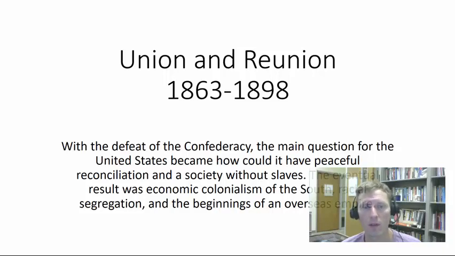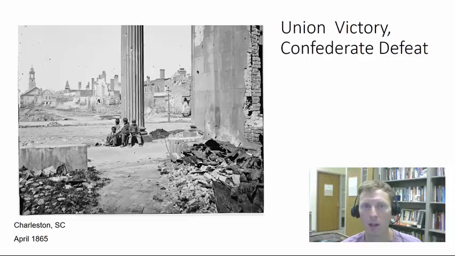Another result was racial segregation, or the purposeful and manipulatable separation and coordination of white people and non-white people, and the beginnings of an overseas empire for the United States. Those are the things that are going to ultimately create what the United States will look like by the turn of the century, or by 1900.